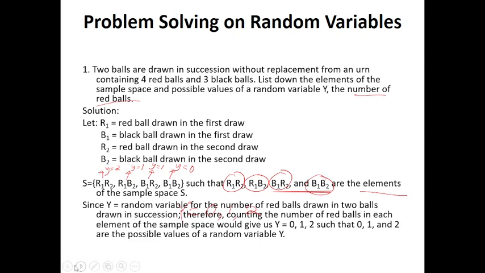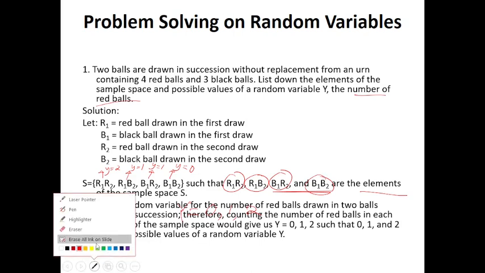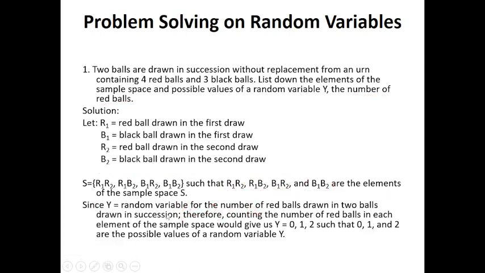Since y equals the random variable for the number of red balls drawn in two balls drawn in succession, counting the number of red balls in each element of the sample space would give us y equals 0, 1, and 2.